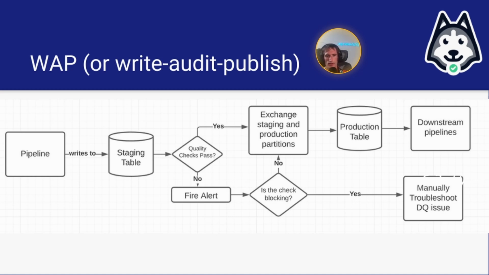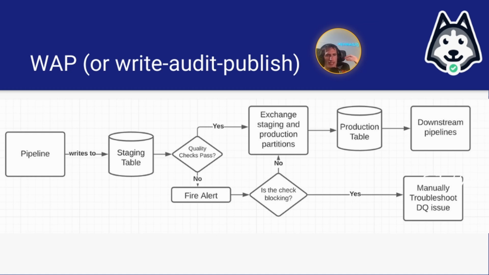Great. There's one more thing here, where your quality checks can be what's called blocking and non-blocking. A blocking quality check is a very serious data quality issue that you have to troubleshoot. Whereas a non-blocking one might be classified more as data weirdness than a quality issue.